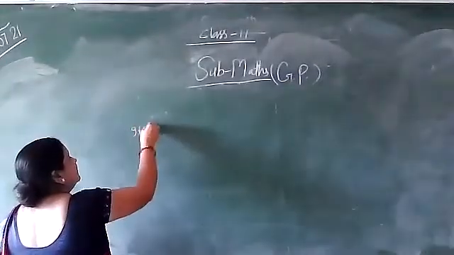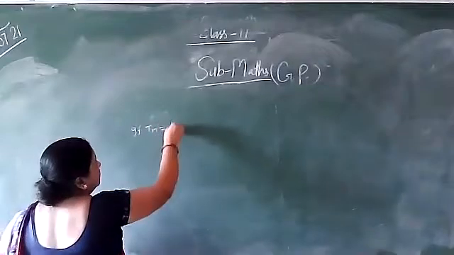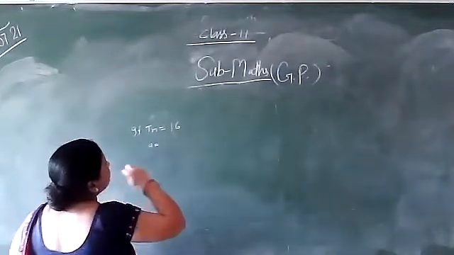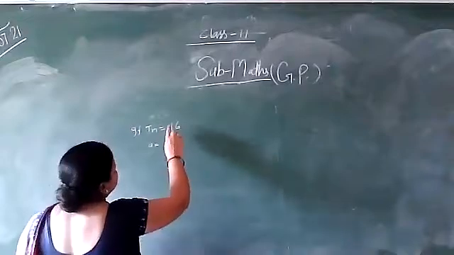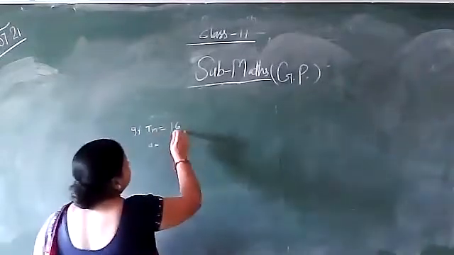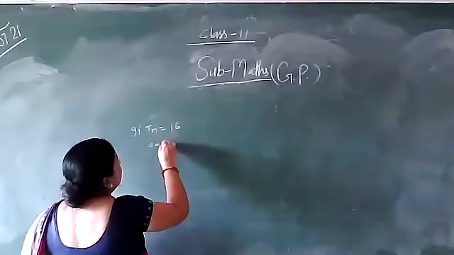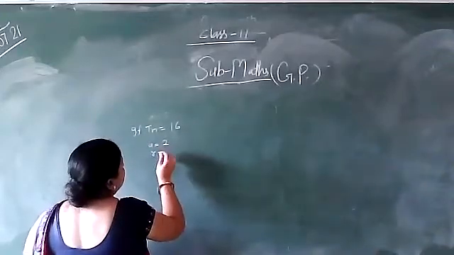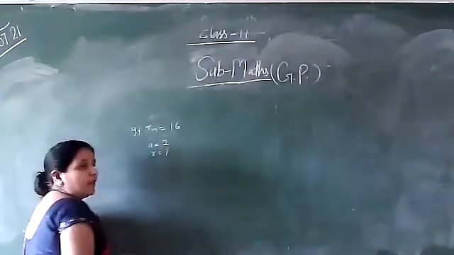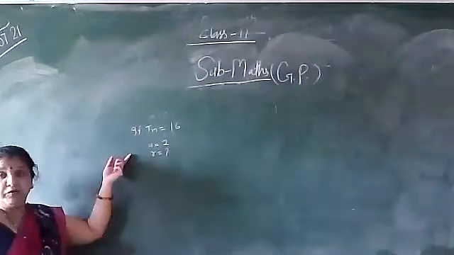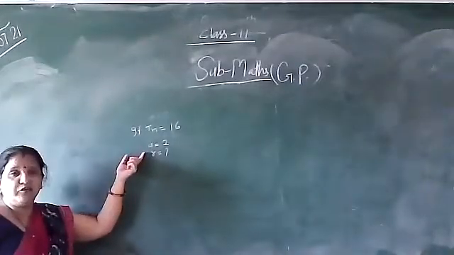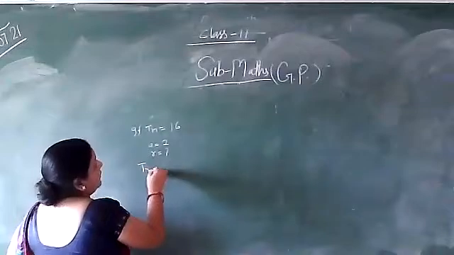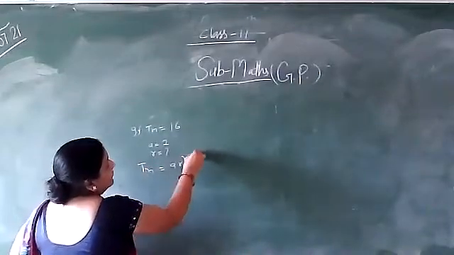If Tn equal to 16 and A equal to 2, R equal to... If I give you Tn and I ask you the R value, so I write here Tn equal to A R to the power n minus 1.